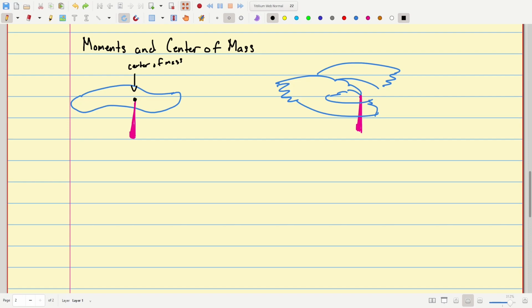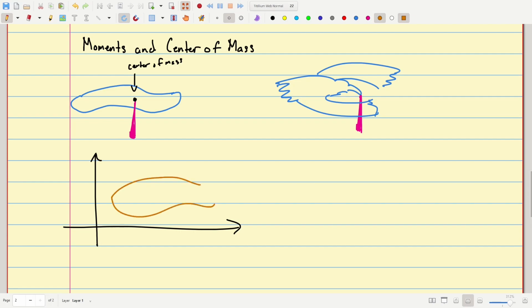The way that this works mathematically is we have some shape. All right. And for the shape, have some region here. Okay.